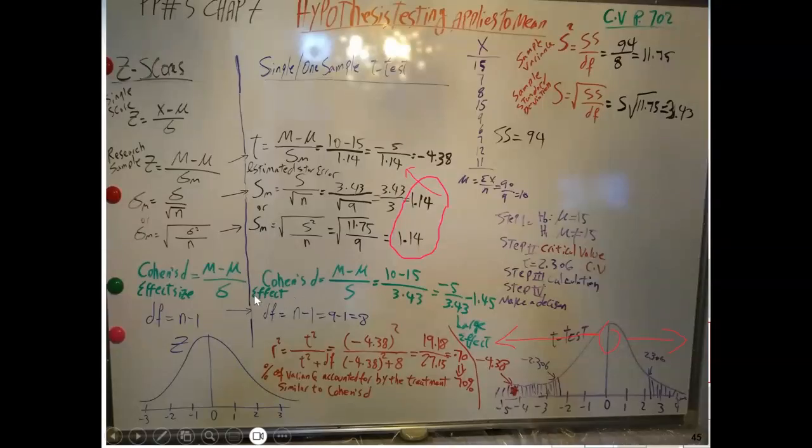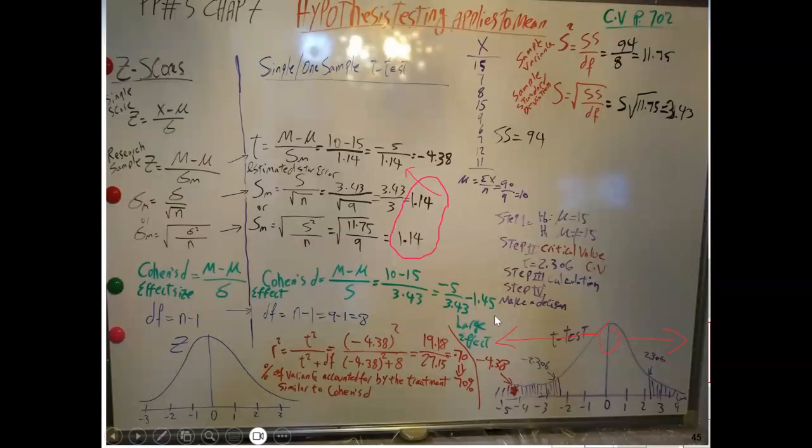By the same token, how do you calculate Cohen's d and r squared? As you can see, we have the M minus mu value, 10 minus 15. s is calculated as the square root of s squared, 3.43. So negative 5 divided by 3.43 is negative 1.45.